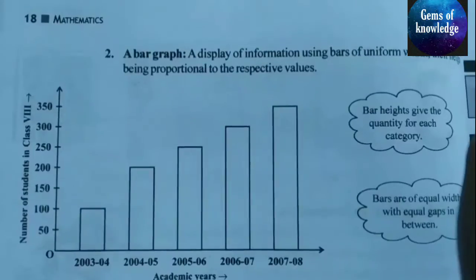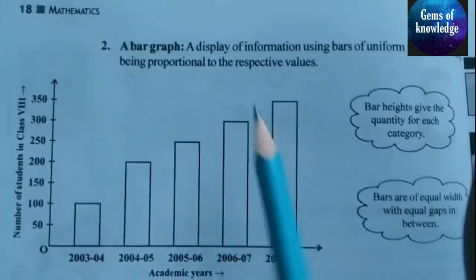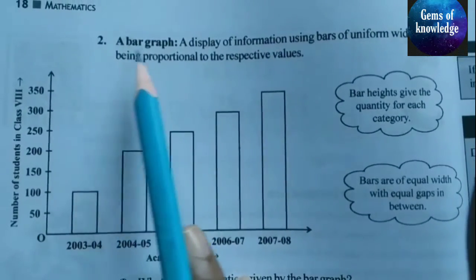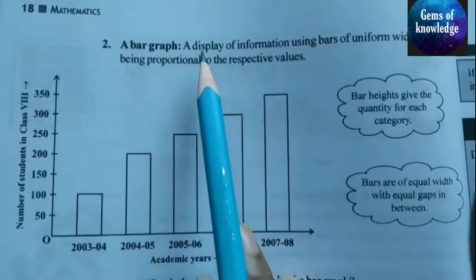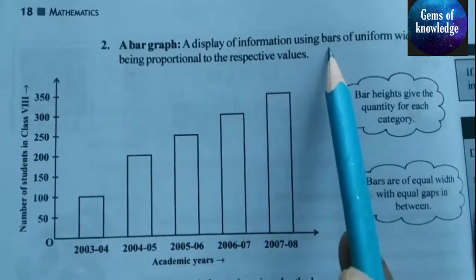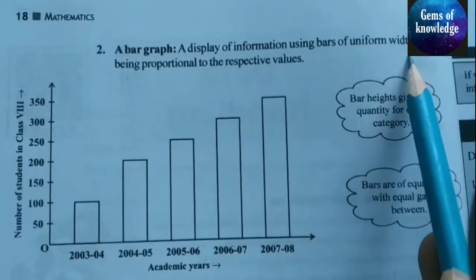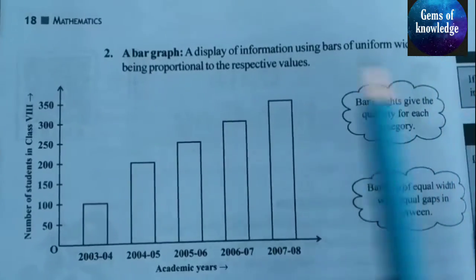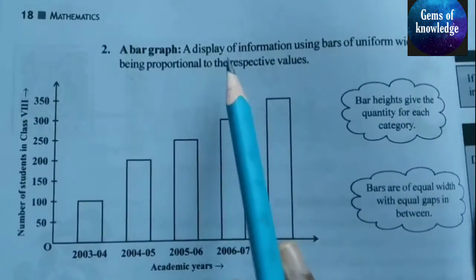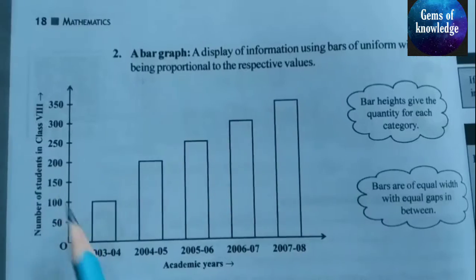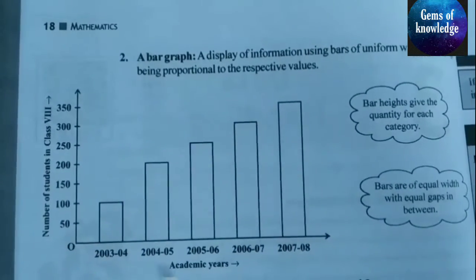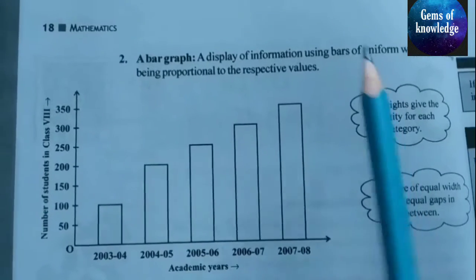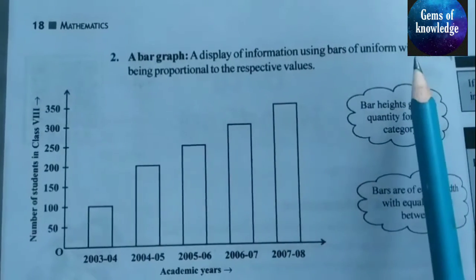Okay, moving to the second one, the second one is a bar graph. So now what is a bar graph? A display of information using bars of uniform width. Here you can see the information is shown using bars of uniform width.